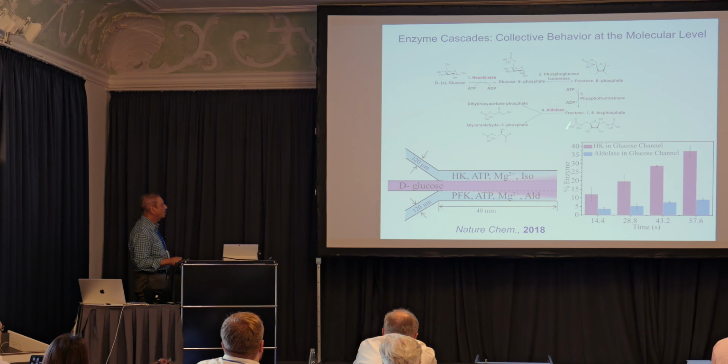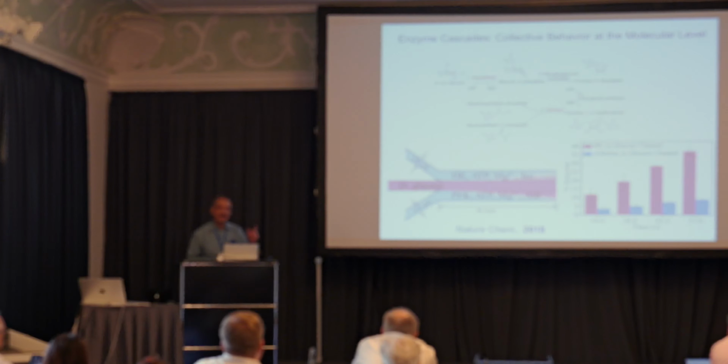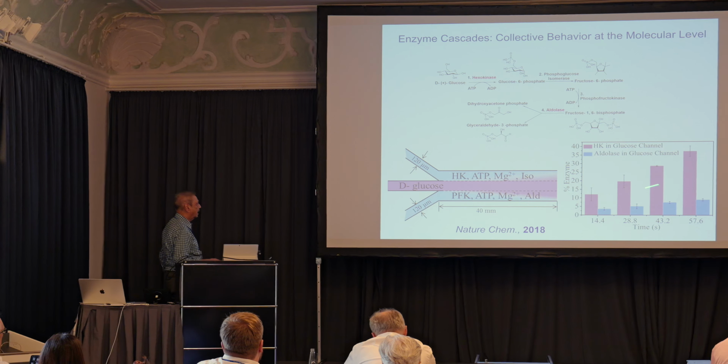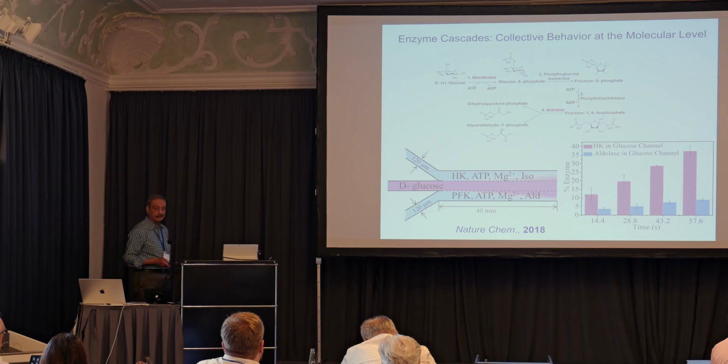This guy has to wait until its substrate is produced, and so on. And then aldolase has to wait until the first 3 enzymes have done their job. And so there's going to be a time delay between the chemotaxis of hexokinase and aldolase. And that's exactly what you see.